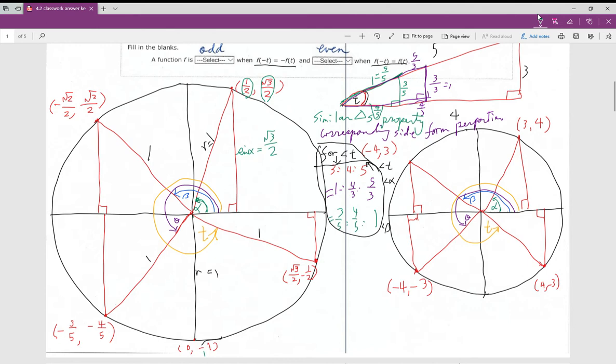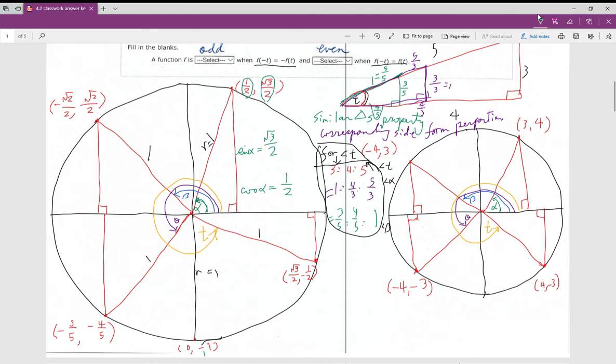And then cosine alpha will be this length, the x value, which is 1/2, divided by r, which is 1. So you don't need to do it. This one is pretty easy.